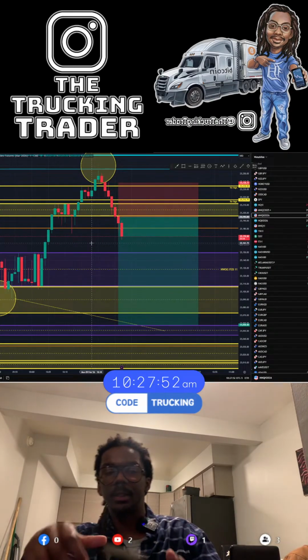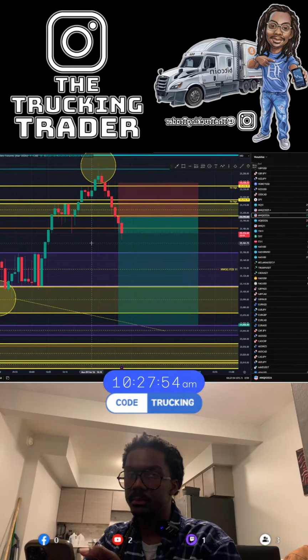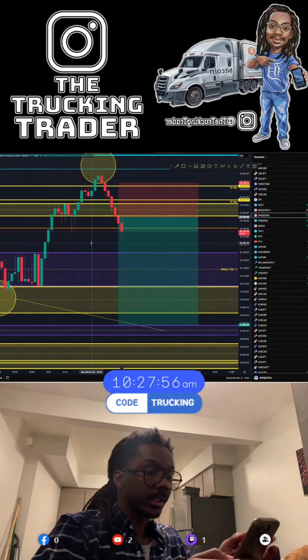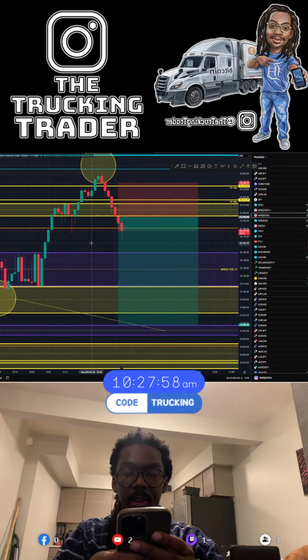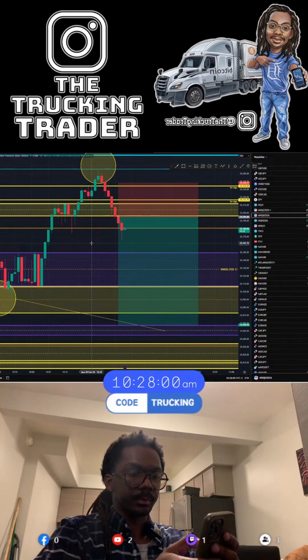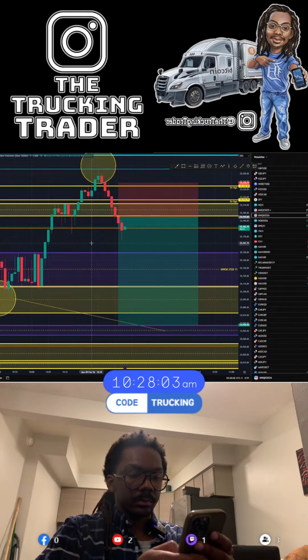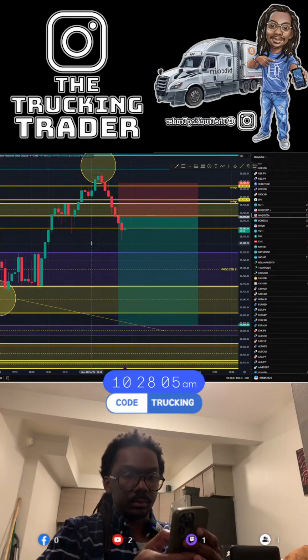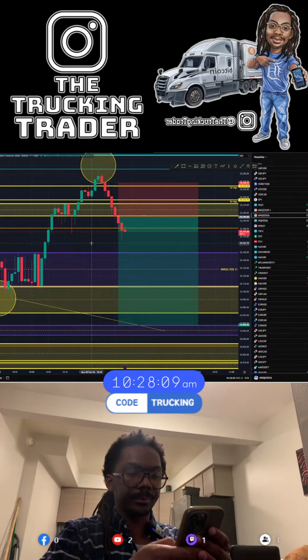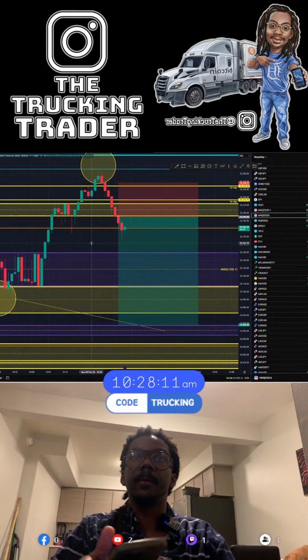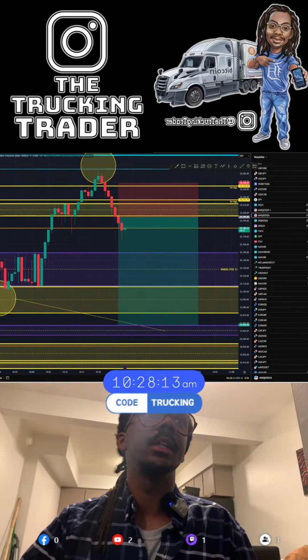So I'm thinking about, if we can get a decent enough pullback, trying this trade out right here. Looking at the 2 minute time frame, I just want to get a decent enough pullback.